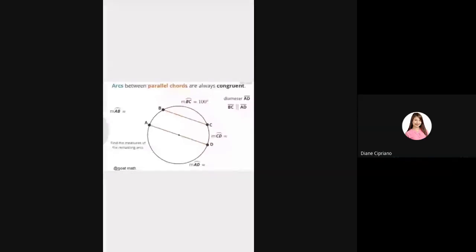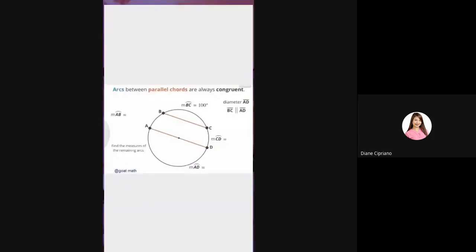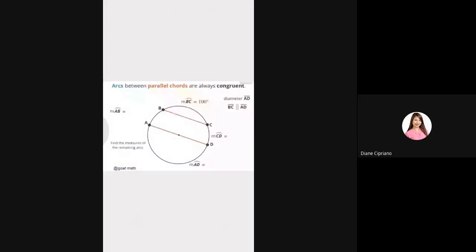If the chord BC is equal to 100 degrees, we know that a circle is made up of 360 degrees. We have diameter AD, which automatically measures 180 degrees. So 180 degrees plus 100 equals 280. What remains are the two arcs, arc AB and arc CD.